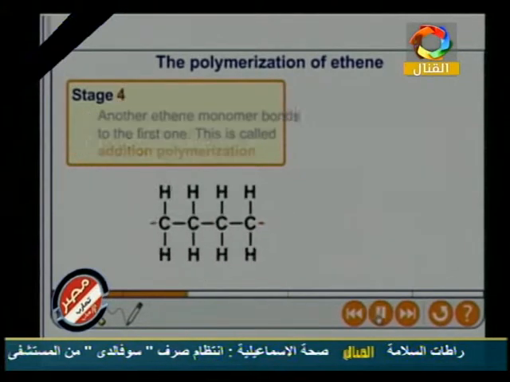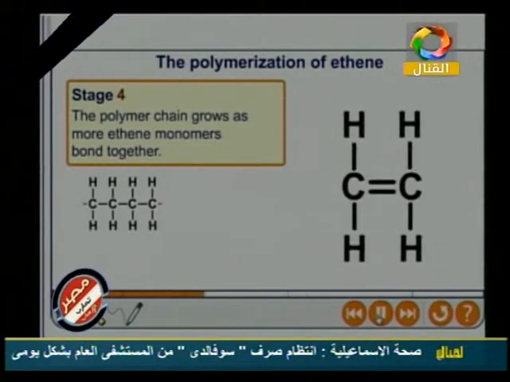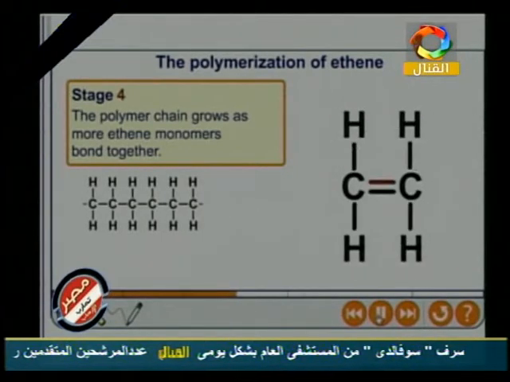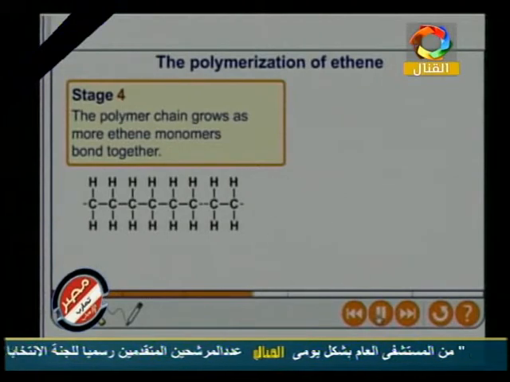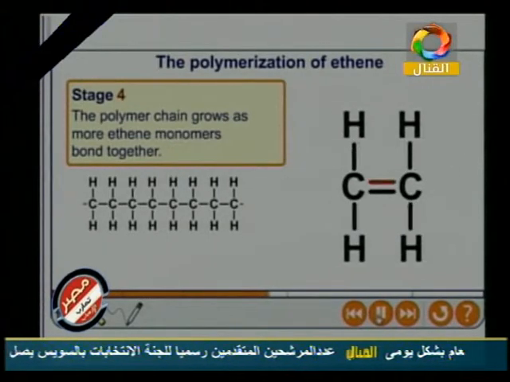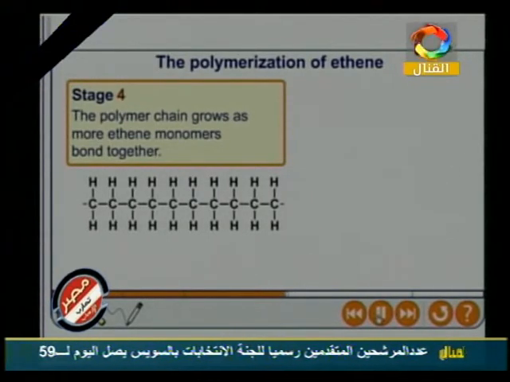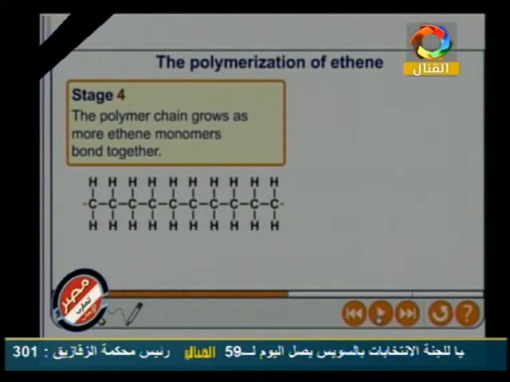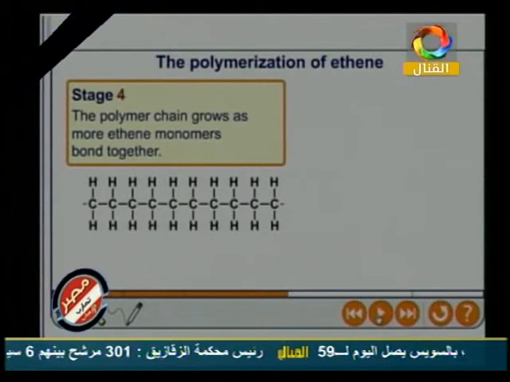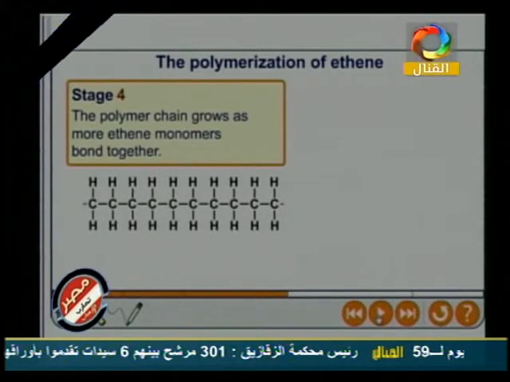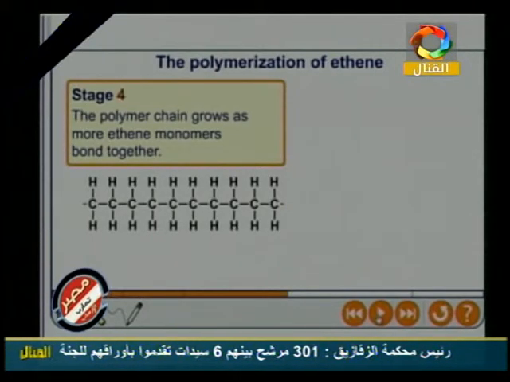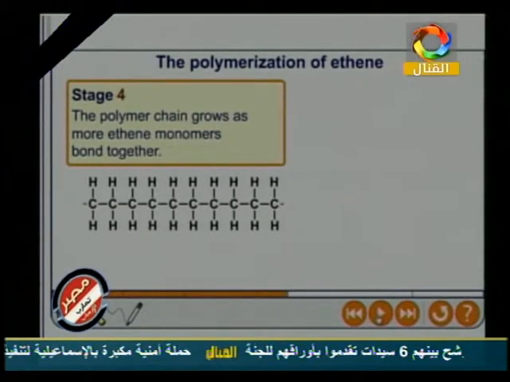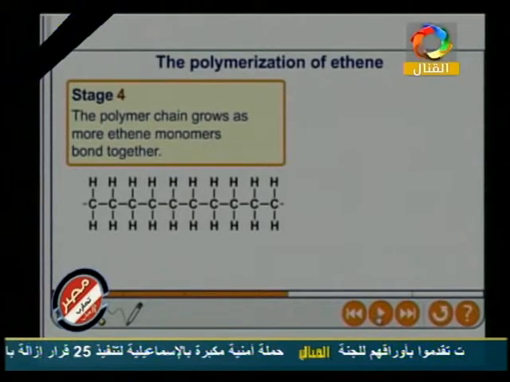Another molecule is broken again to make this chain grow more than 100 times, so the polymer chain grows as more ethene monomers bond together. Here in stage number 4, the chain grows to make a long chain, and this is called polyethene.